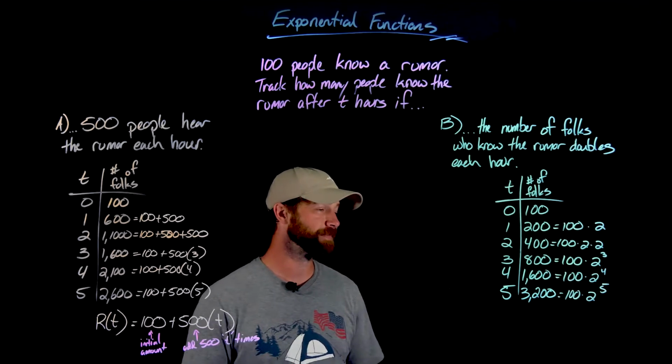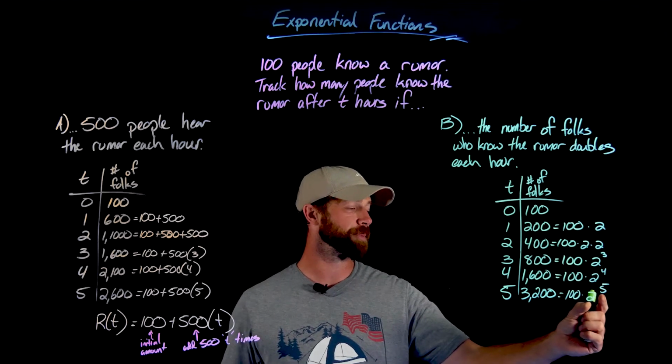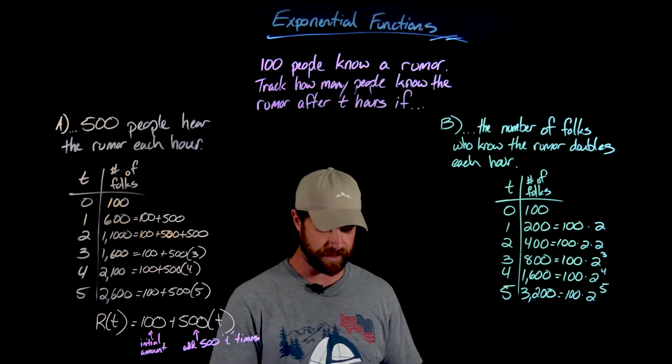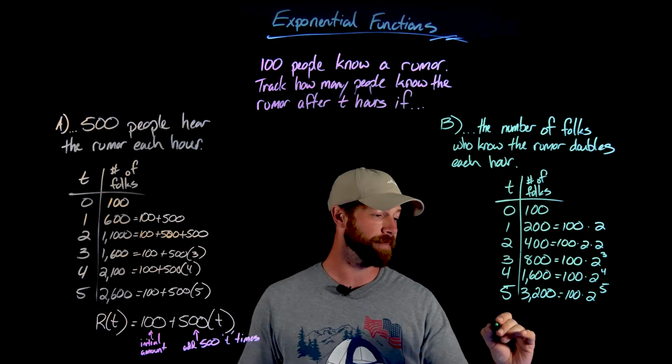And so again, we have this very similar structure. We have this initial amount, but instead of using multiplication to denote the repeated operation, we use these exponents.